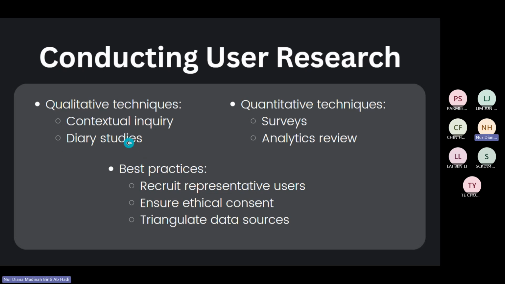Quantitative is something that you can project using numbers. You can do the analytics review. So best practices, you can recruit representative users, ensure that you have ethical consent, and triangulate your data sources.